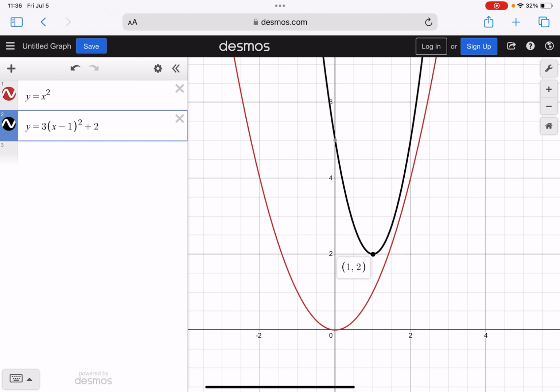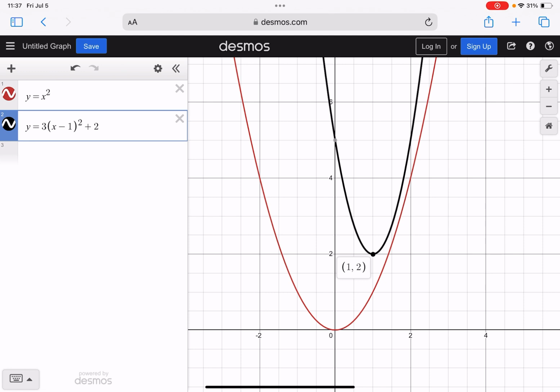So how would we describe this from the base function? We would say our new vertex is 1 and 2. We are vertically stretched upwards by a factor of 3. We are horizontally translated to the right by 1 unit, and we're vertically translated up by 2 units.